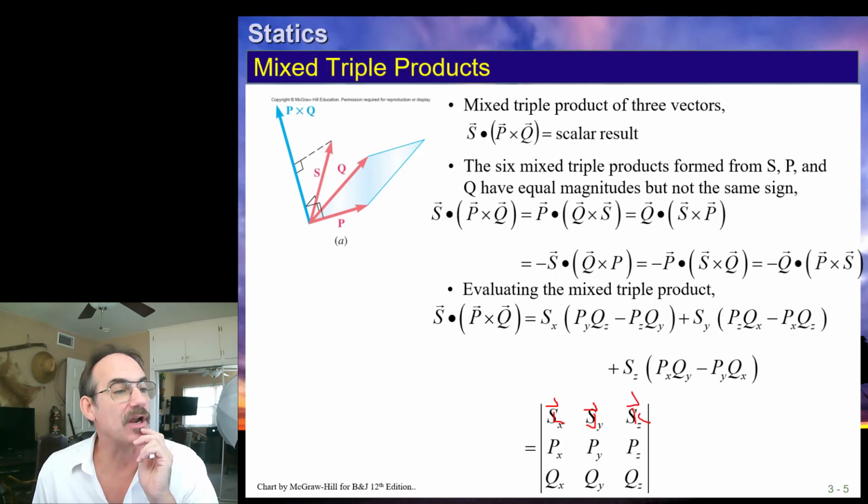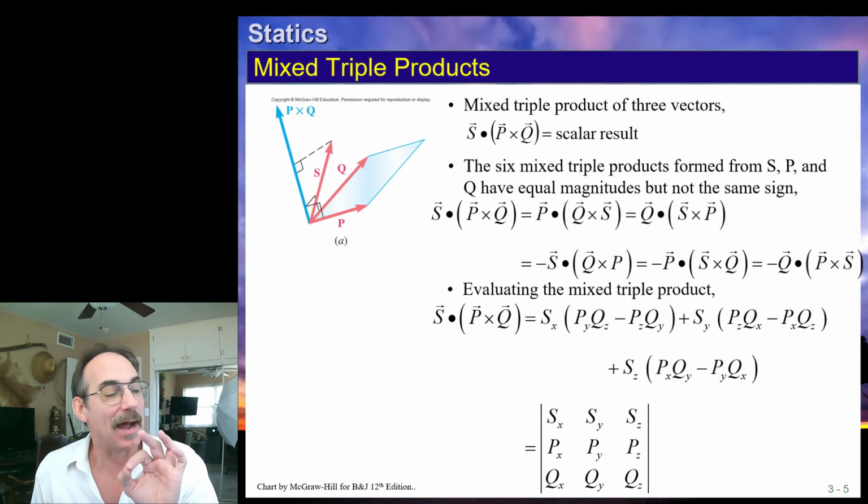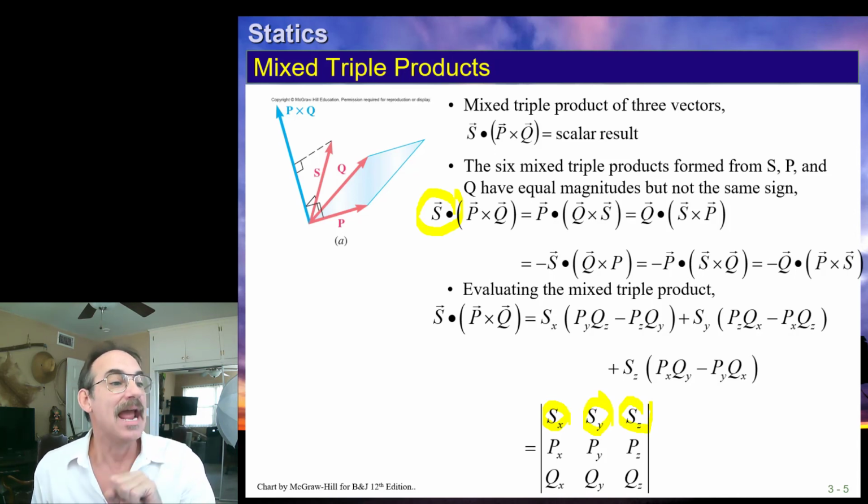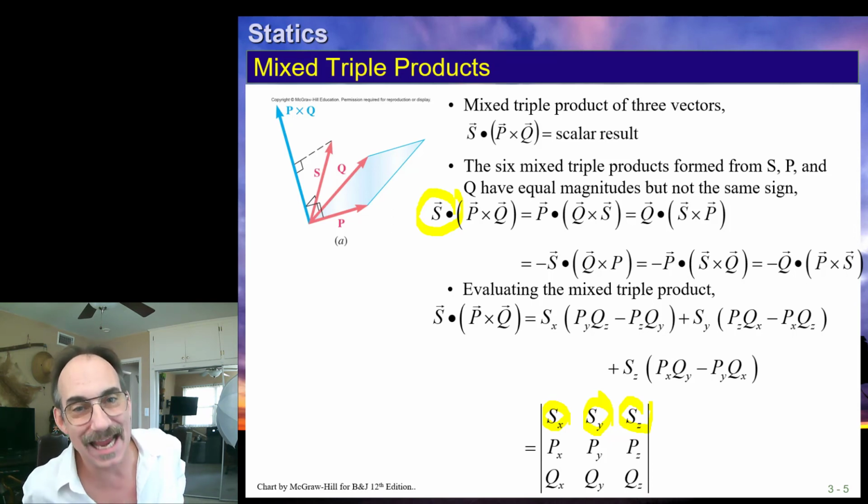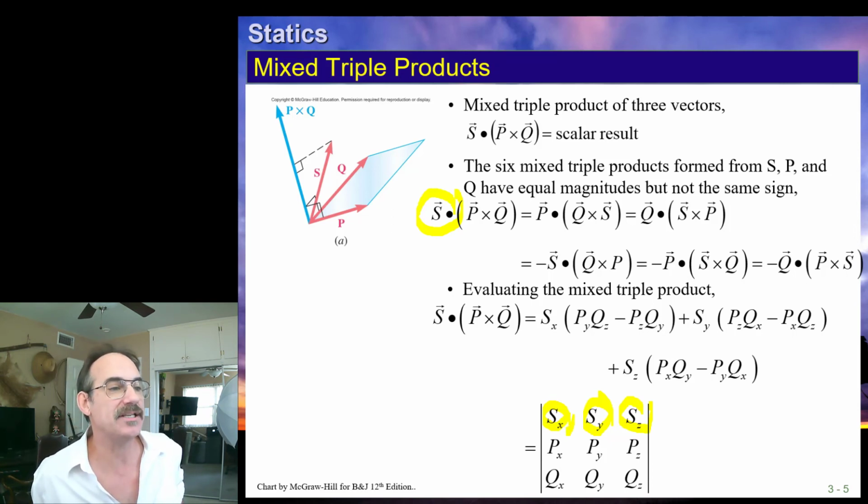And if we first do the cross product of P with Q, and then we take a dot product, but you can actually do it in one big bite of the enchilada by just first constructing your little matrix here, where we first put the vector that we're dotting. We have the SX, SY, SZ, instead of the I, J, K, and then perform the same cross product kind of operation.